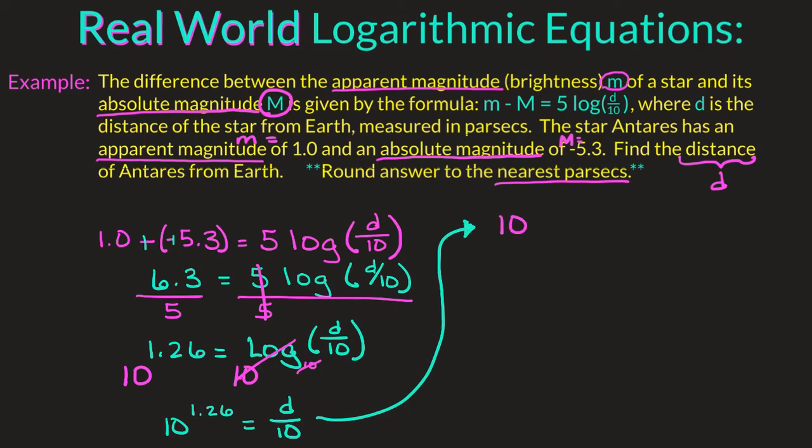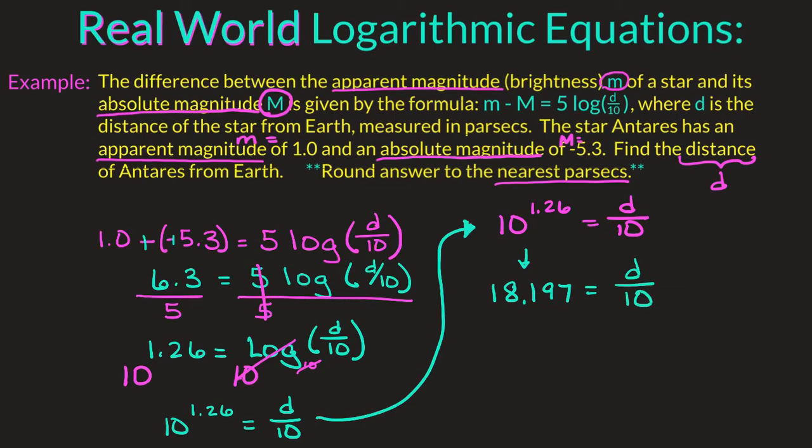So we now have 10 to the 1.26 equals d over 10. I'm going to go ahead and simplify the left side. We have 10 to the 1.26. I'm plugging that in the calculator. It's going to be approximately, I'm going to go ahead and round to the nearest thousandth. So we have 18.197 equals d divided by 10.